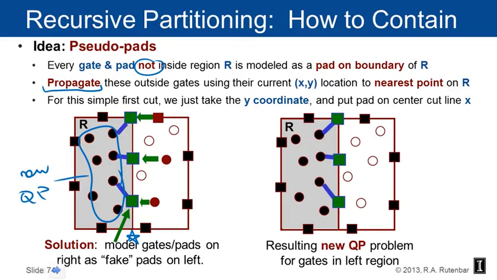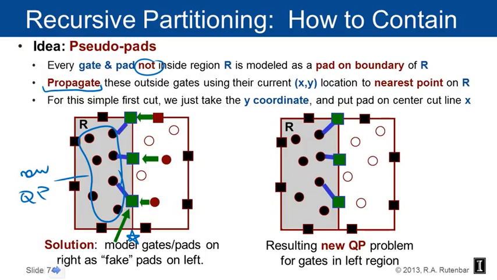And one of the reasons why this works so incredibly well is, remember the model of the wires as being like springs. If all of the pads are on the boundary of this new region, the gray region, and all of the wires are like springs, when we solve for the new gate locations, they're all going to stay inside the gray box because the springs between the gates pull the gates closer to each other, and the springs to the pads pull the gates close to the pads, but there is nothing that's going to pull the gate outside the box.